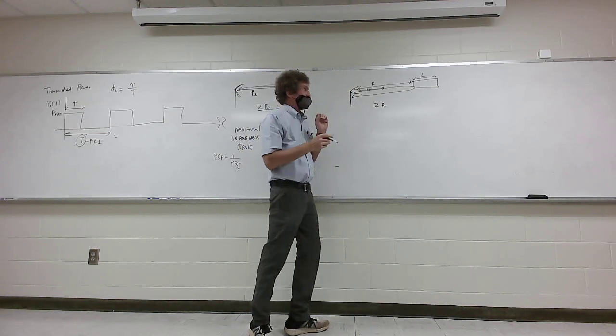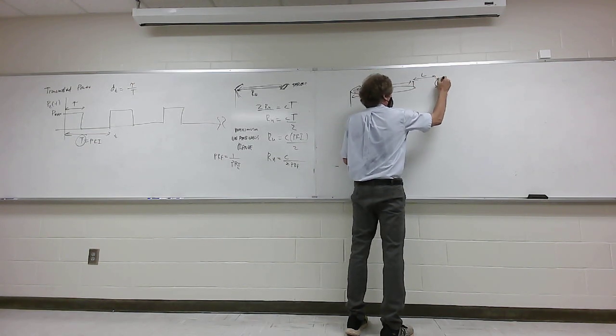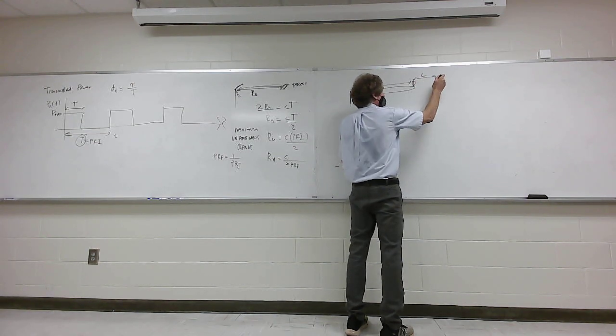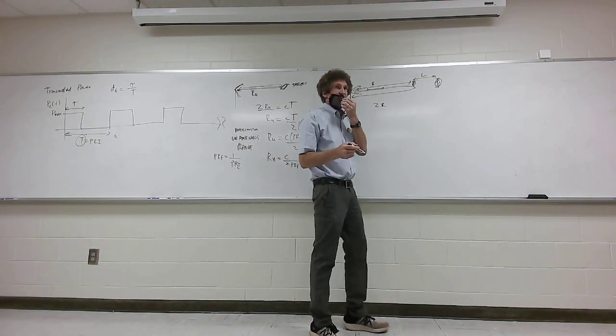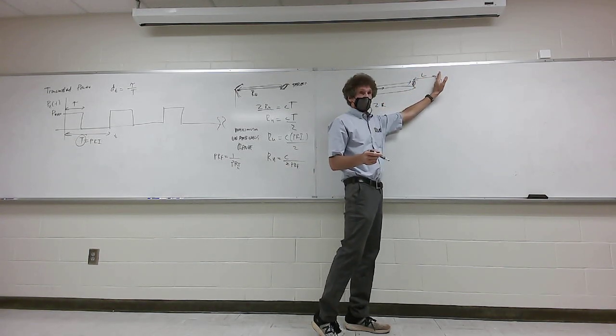Now, maybe I shouldn't have done L here. I should have put 2 targets here. Now for the second target, which you don't realize yet, when you have an edge like that, it's a reflective point. And when the edge disappears, it's a reflective point.